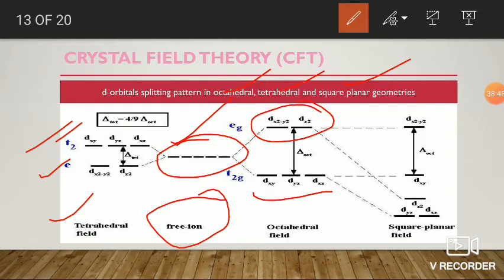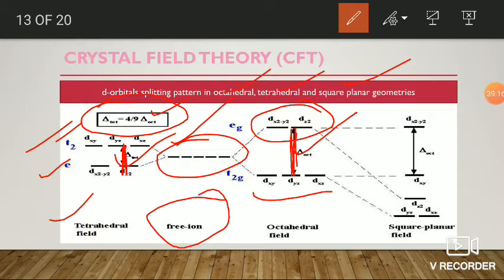The energy difference between eg and t2g is higher than the energy difference in tetrahedral. So delta t is always less than delta octahedral; delta t is 4 by 9 of delta o.